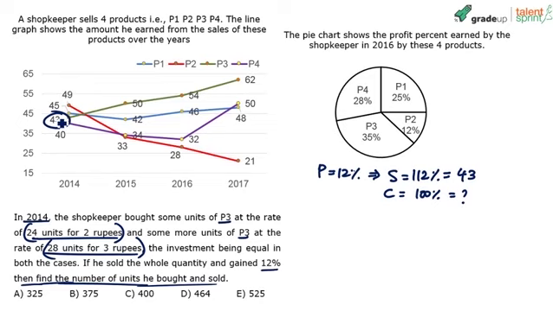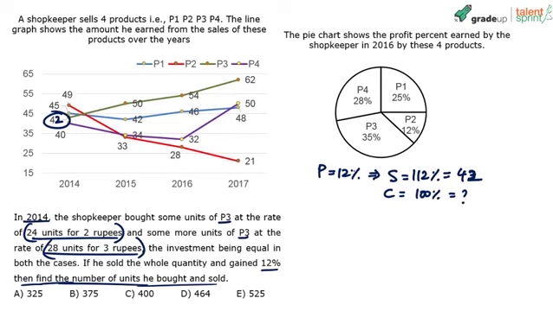This is not 43 but 42. Apologies for the inconvenience. I'm sure many of you would have got stuck here. This value is not 43, it's 42. Sorry about that. So basically 112% is equal to 42. Otherwise we will not be able to solve and get the answer here.